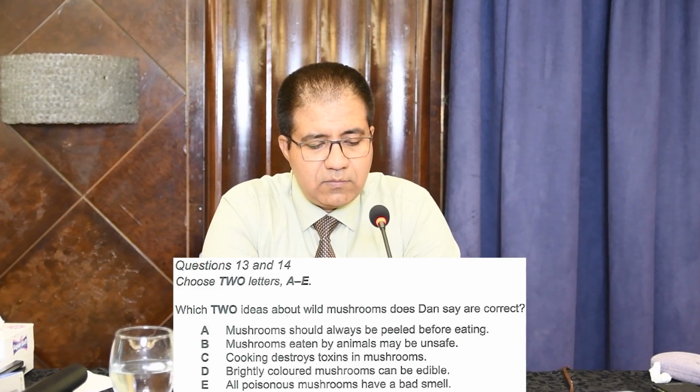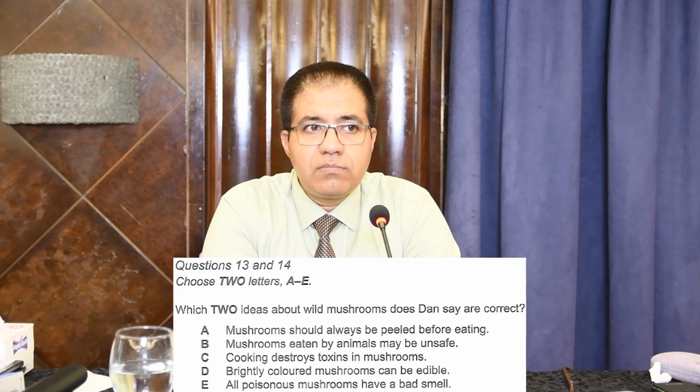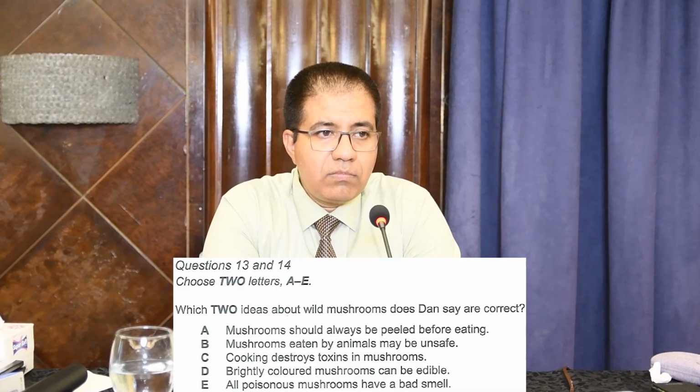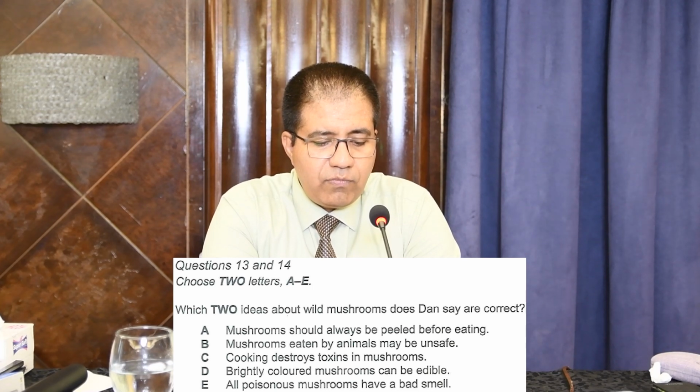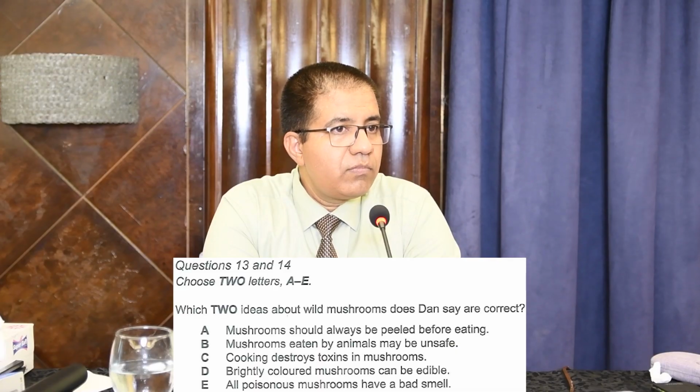It's not necessary to peel them. Another thing you should remember is that you can't tell if a mushroom is safe to eat by its smell. Some of the most deadly mushrooms have no smell and taste quite nice, apparently. Finally, just because deer or squirrels eat a particular mushroom doesn't mean that you can.